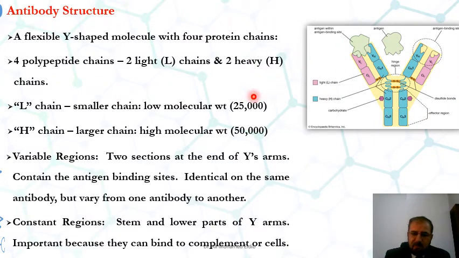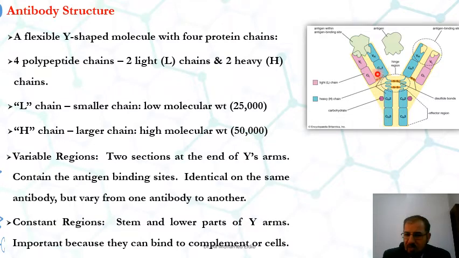The other region is the constant region. The constant region is the base of the antibody, the stem of the antibody. So it contains about half of the light chain and all other parts of the heavy chain. For the heavy chain, we assume that it contains at least 3 segments of the constant region in each chain.